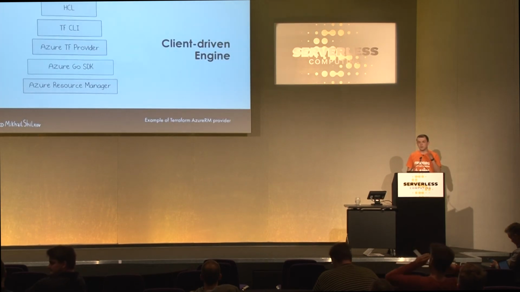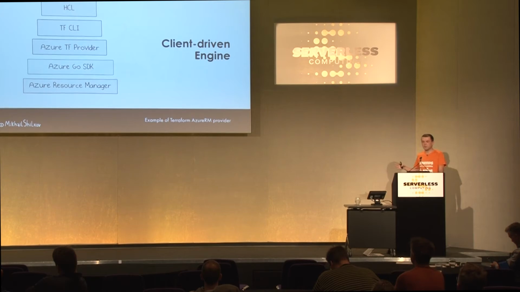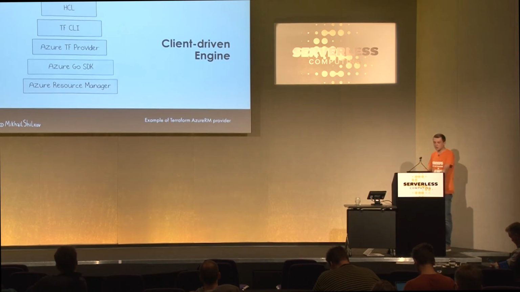So if we look at the breakdown of layers, you write your program in HCL on the top layer. Then there is a CLI, Terraform CLI, which drives everything. So that's a difference to cloud tools. The deployment doesn't run in the cloud. It runs on your client machine or in your CI/CD server, but it's the Terraform CLI which drives the process. It builds a tree of resources.